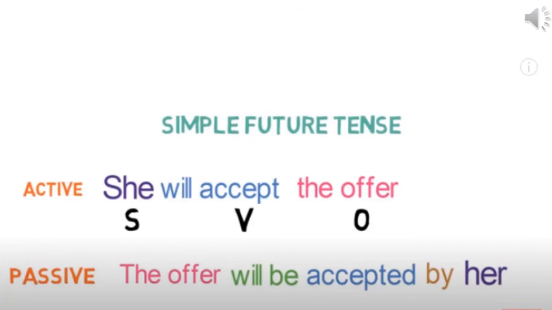So the offer will come in front of the sentence and she will go at the end of the sentence. Then we will change the verb form into the verb third form, that is will accept will be changed to will be accepted. Now the passive sentence will become, the offer will be accepted by her.